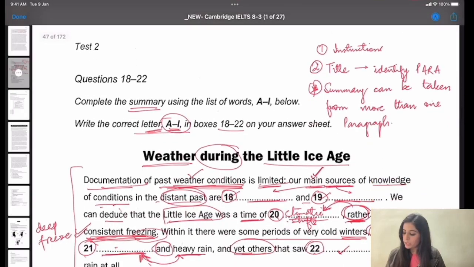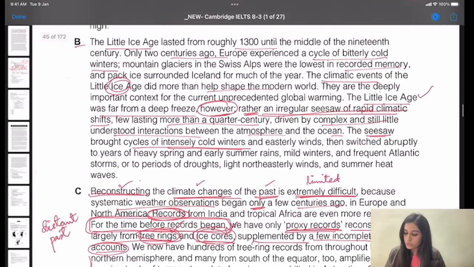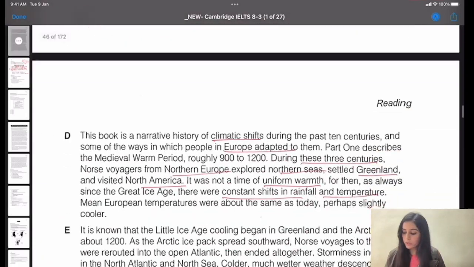It says periods of very cold winters, so intensely cold has been changed into very cold winters and easterly winds, then switched abruptly to years of heavy spring and early summer rains, mild winters and frequent Atlantic storms, or to periods of droughts, light northeasterly winds and summer heat waves. Now we have to read the rest of the sentence and then see which word fits best.